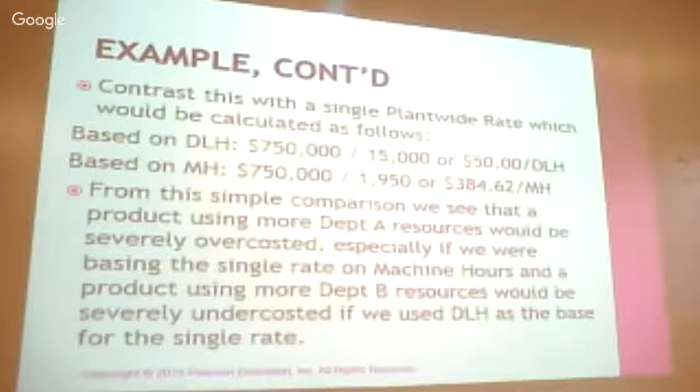So it's better to be able to drill down, because you're allocating based on what that department uses. If I use more B than A, I could get hurt, and vice versa. So it helps me if I drill down to better allocate those costs.